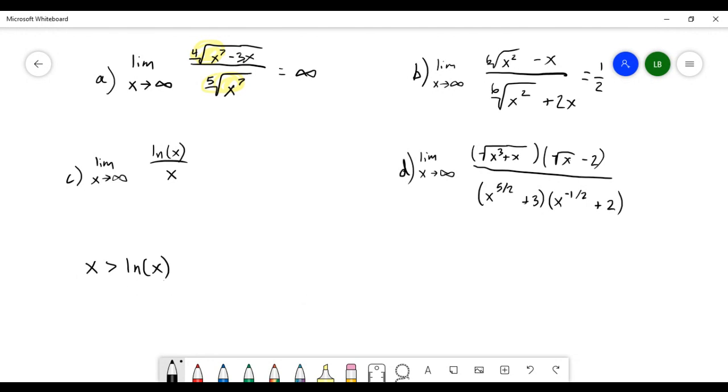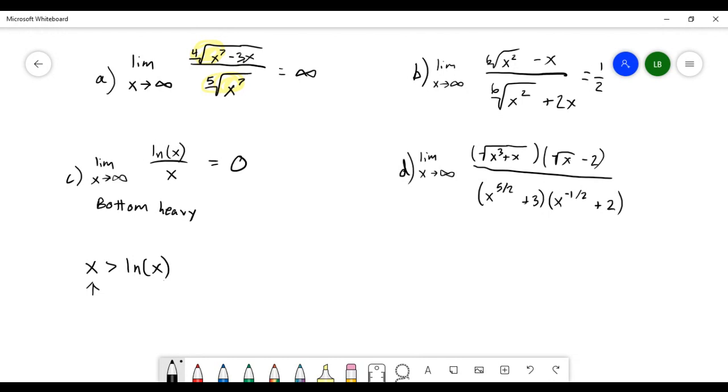So with regards to looking at the highest order term, we would say that x is going to be of a higher power, quote unquote. It's not literally that, but essentially this x function grows infinitely faster than this natural log of x function. Because of that, C is actually bottom heavy, so this one is equal to 0.